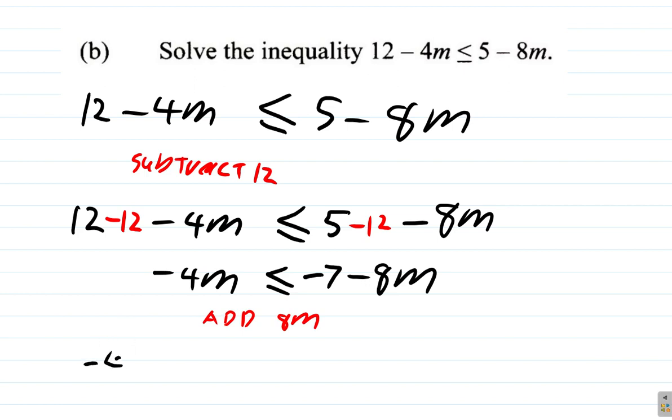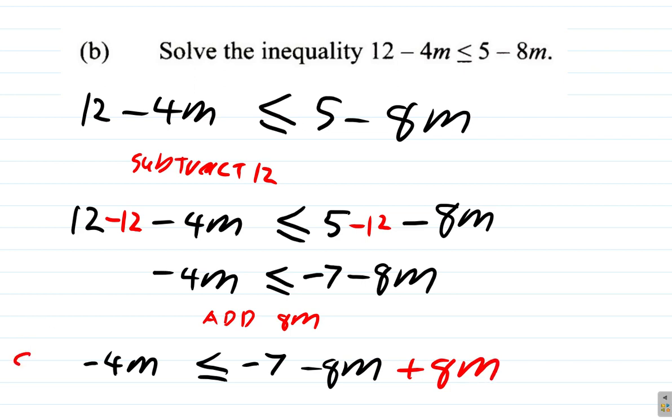We have negative 4m is less than or equal to negative 7 minus 8m. I add 8m here and add 8m here. You might have expected me to write it here as plus 8m.